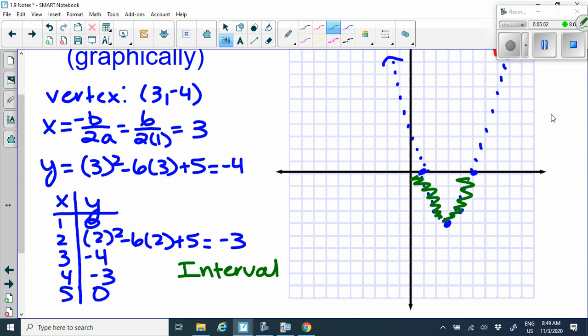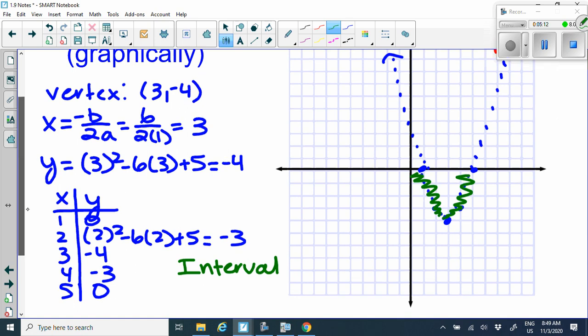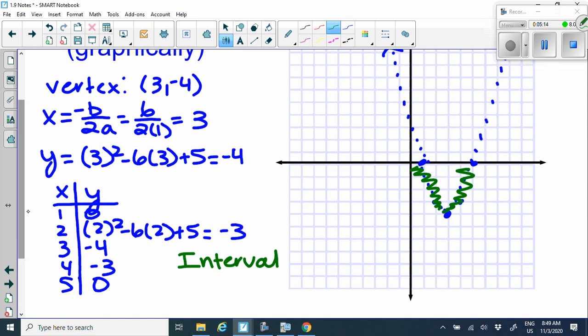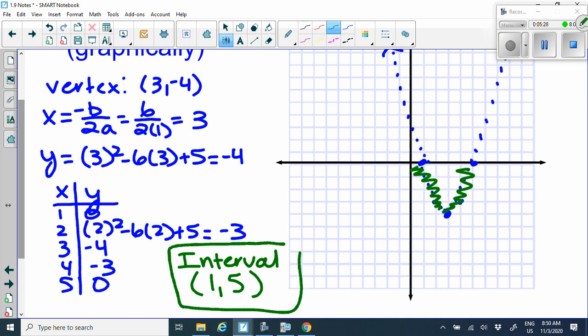Remember, anytime we wrote anything in interval notation, if we did not have the equal bar on the inequality, did we use parentheses or brackets? Hopefully you said parentheses. So when we do our interval, we use parentheses. We start at 1, our shading goes all the way to 5, and we end the parentheses. So our interval is saying that everything that works is between the x values of 1 and 5.